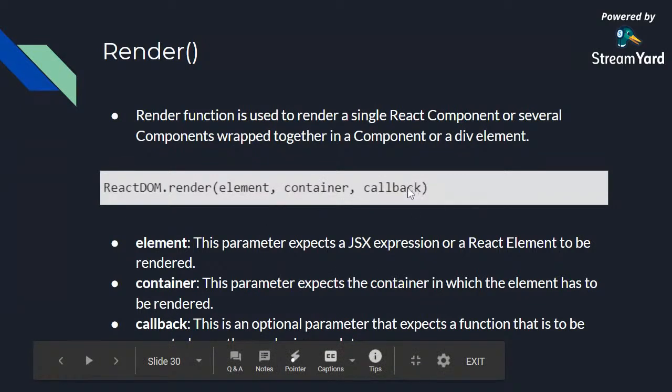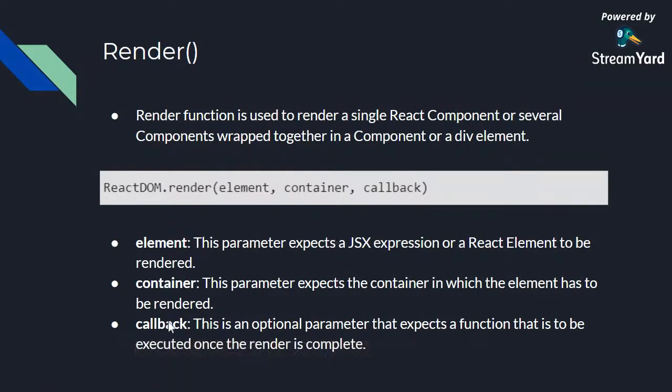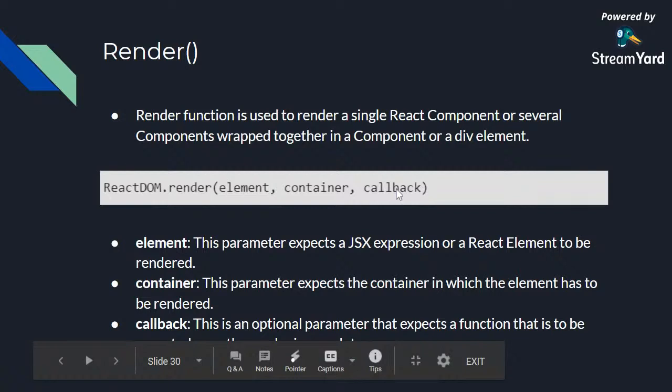And the third is the optional parameter. You can pass it or you cannot pass it. It's a callback function. A callback function is called whenever a particular task has been completed. In this case, whenever the element is rendered, it will call this callback function right back.